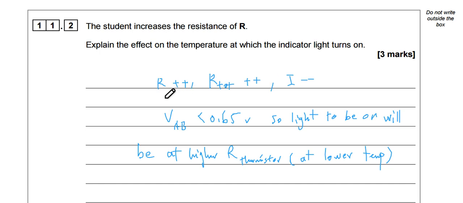As current decreases, R thermistor is constant at 37 degrees Celsius, the potential across the thermistor decreases, VAB increases above this value.